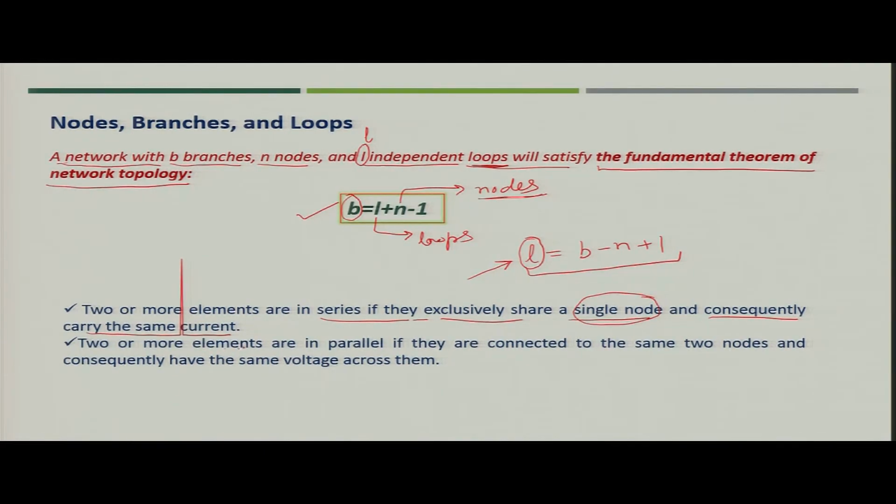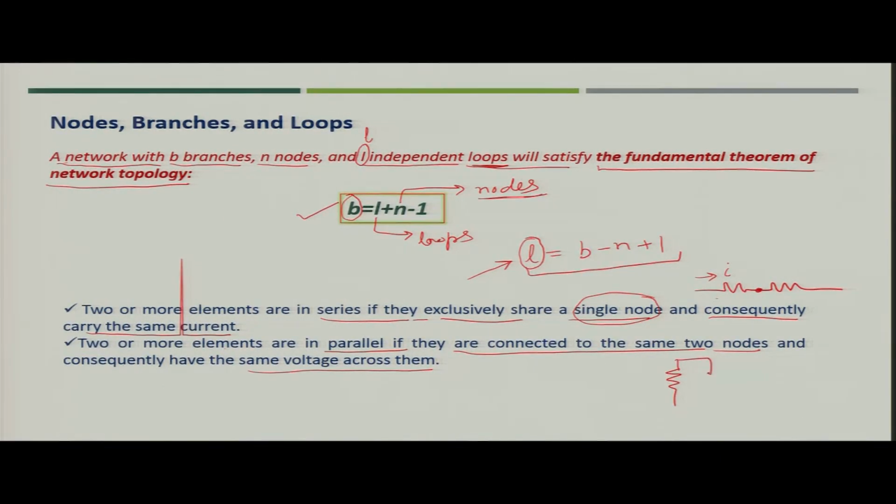Now, if two or more elements are connected in parallel, then they are connected to the same two nodes and consequently have the same voltage across them. So, if the elements are connected in series, both elements are connected through one single node, and in that case the same current flows in both of the elements.